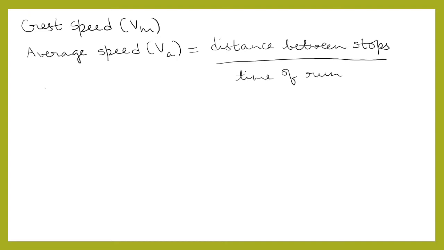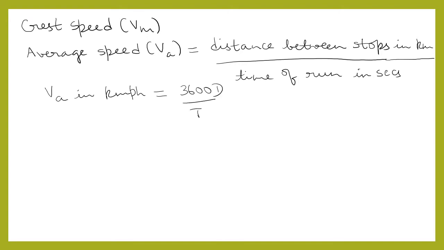So, average speed VA in kilometer per hour is distance between stops in kilometer by time of run in seconds. So we have VA as 3600 D by T.